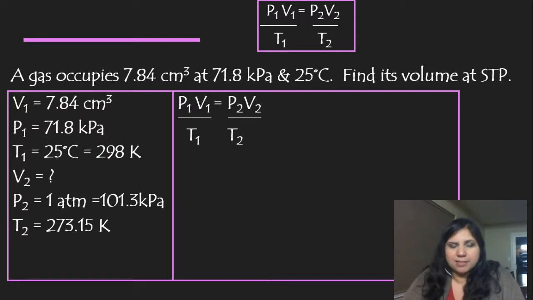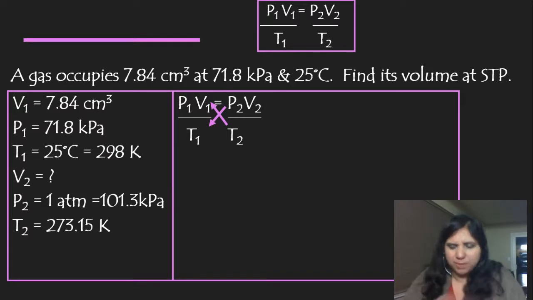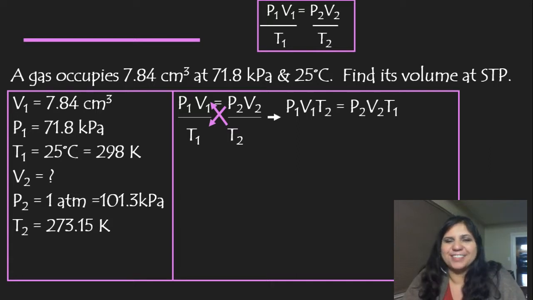Here's our combined gas law equation. Remember I said when you have these two fractions equal to each other that I want you to flatten out the equation. So your first step would be to look at the equation and just cross multiply. So you would skip this part, but just go straight to cross multiplying and flattening it out, and you would write this. Okay, so that's P1V1 times T2 equals P2 V2 times T1. Alright, so then we need to know which one are we solving for.